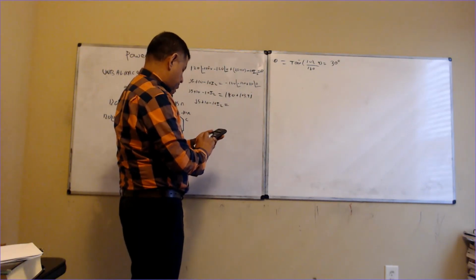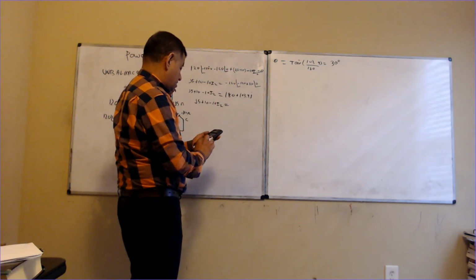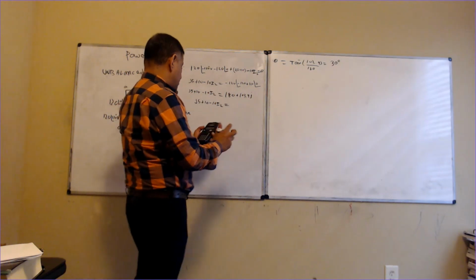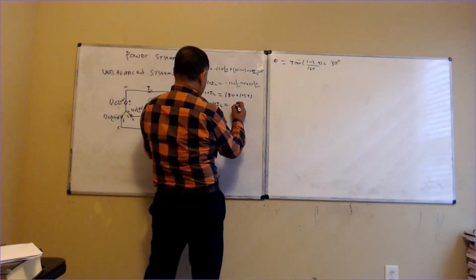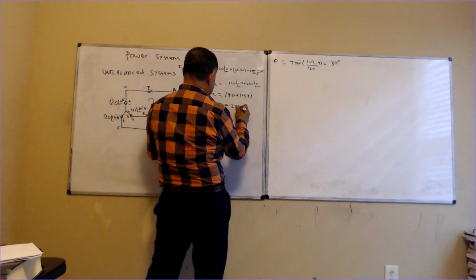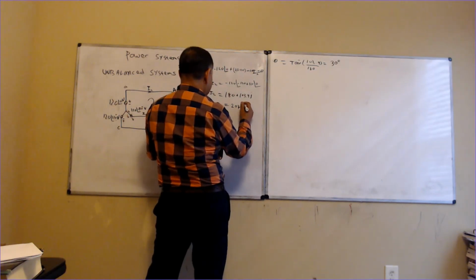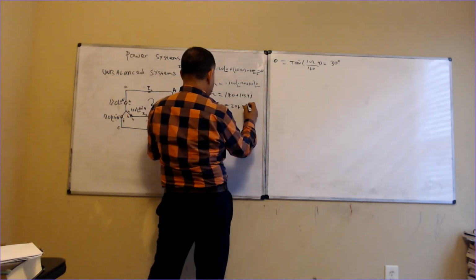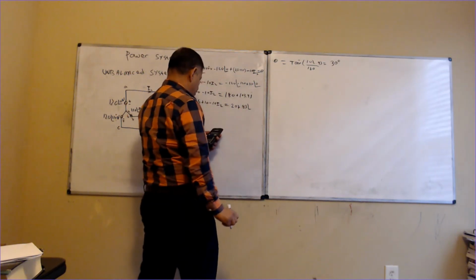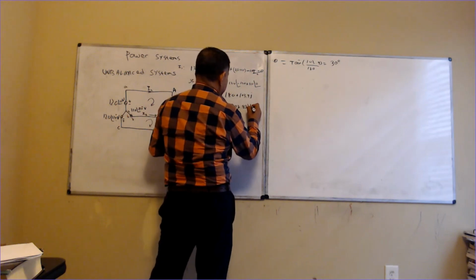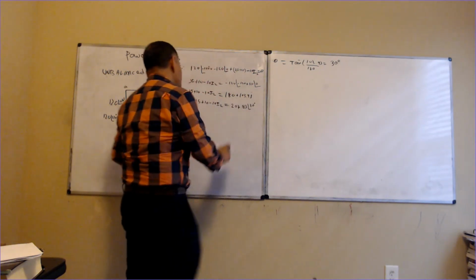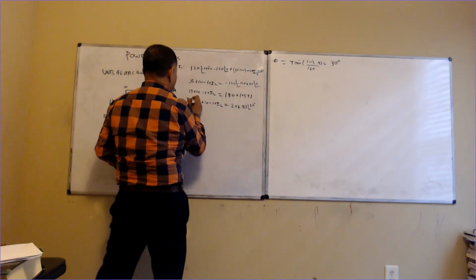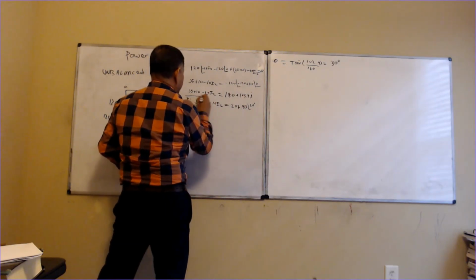And taking the square root of that is going to be equal to 207.83, right? With the angle of 30 degrees. So we have this I1 equation that we are trying to solve.